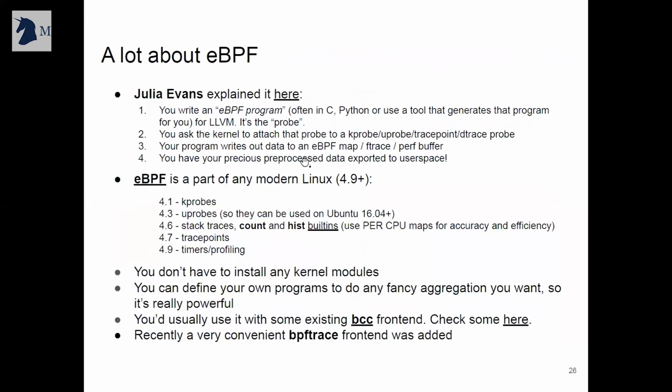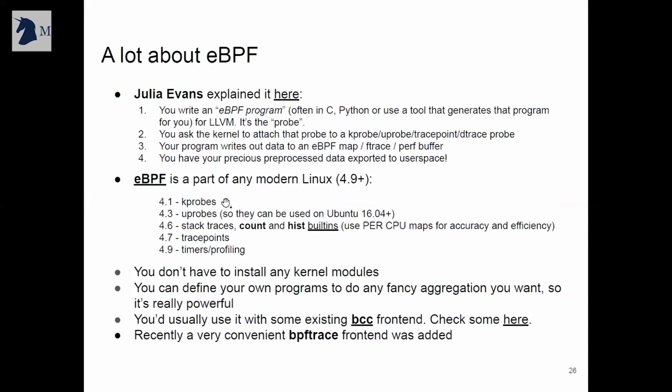You can follow Brendan Gregg surely for this topic as well as for everything else related to dynamic tracing. You can follow Julia Evans' explanations of how it works. Pre-processed data are exported to user space, not the raw data. And you can use all the power of a programming language to process them, not just text processing tools at Linux level.